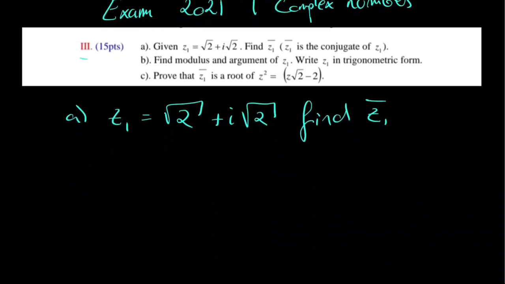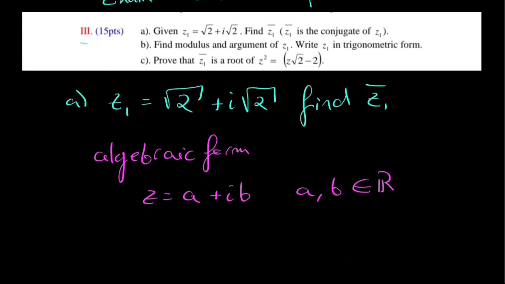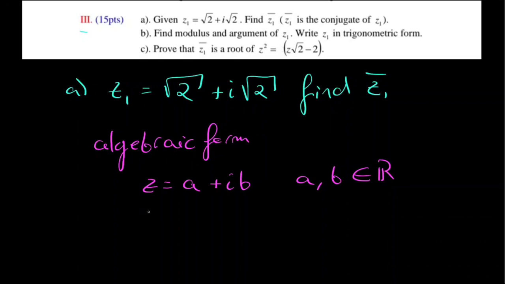So, let's remember what a conjugate is. Written in algebraic form, a complex number can always be written as z is equal to a plus ib, with a and b integers. Its conjugate, z conjugate, is equal to a minus ib.